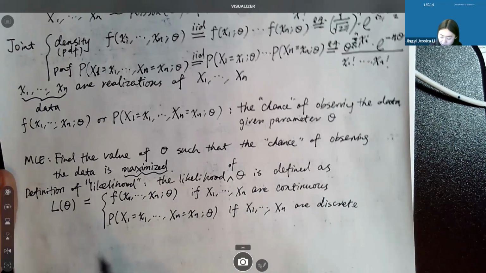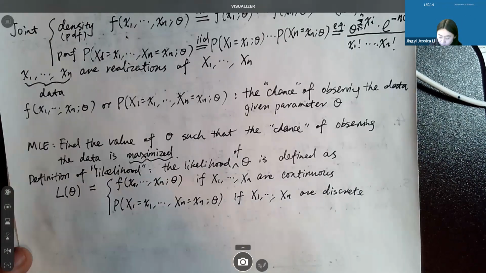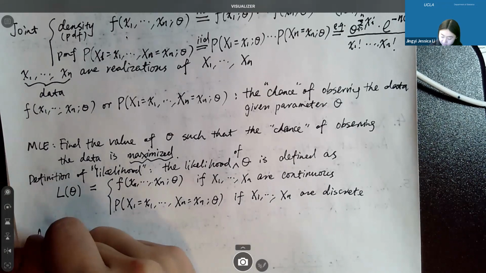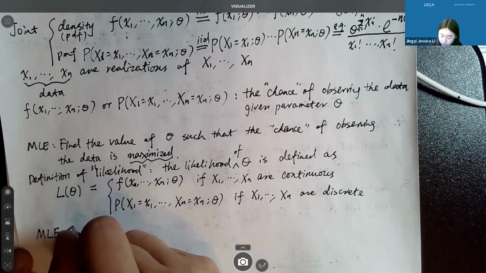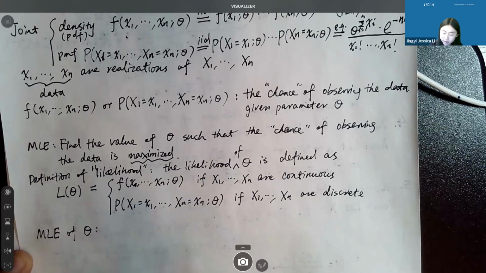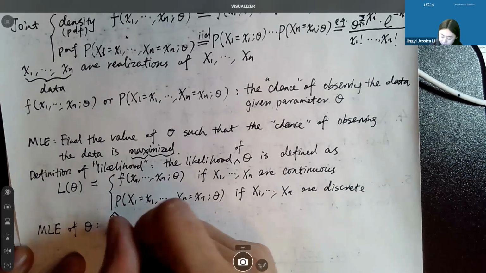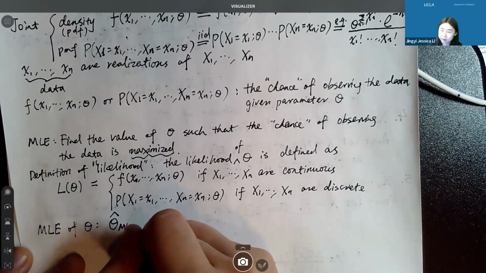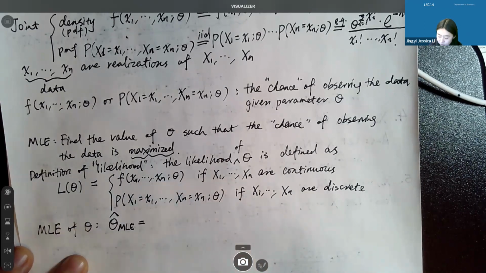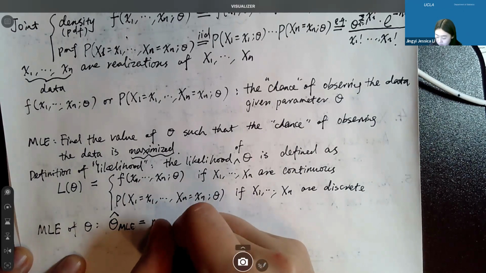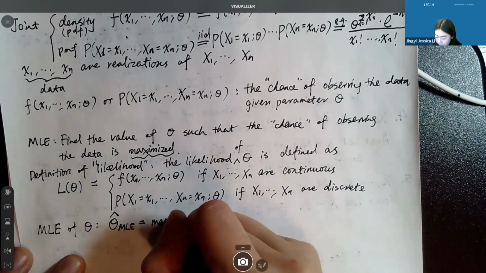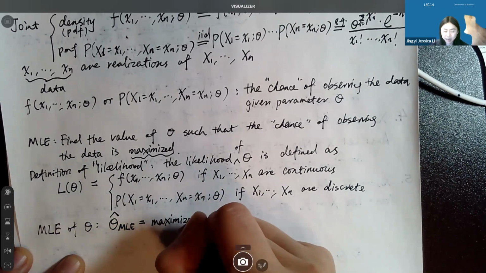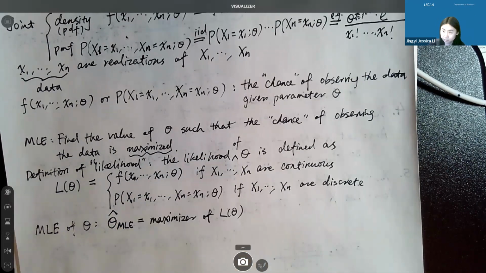The maximum likelihood estimator of the parameter theta, with notation theta hat, is just defined as the maximizer of L theta. That is the value of theta that makes the likelihood the maximum.